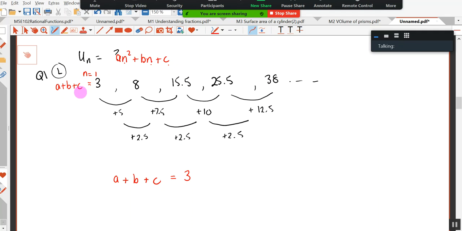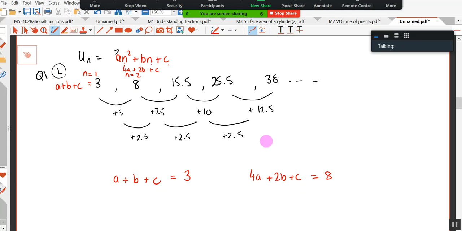This one, 8, is n equals 2, and it would be a times 2 squared, which would be 4a, plus 2 times b, which is 2b, and plus c. So this would equal 8: 4a plus 2b plus c equals 8.